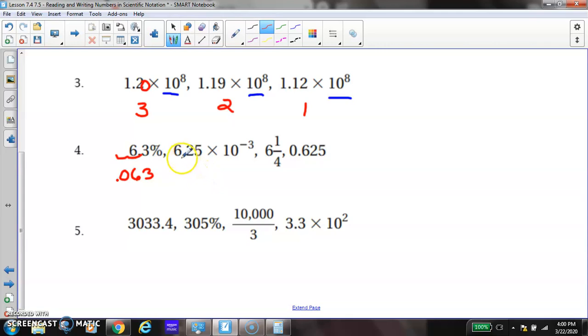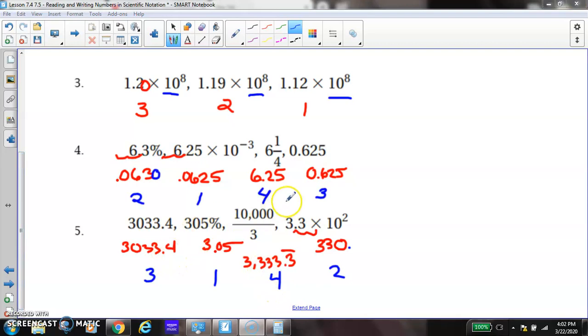This one here, if I'm moving it 3 places, it's 0.0625. And then this would be 6.25 for 6 and a 4th. And then I have 0.625. So if that helps, you can help you out right now for question 4 and 5. Check back in a few to get the right answer.